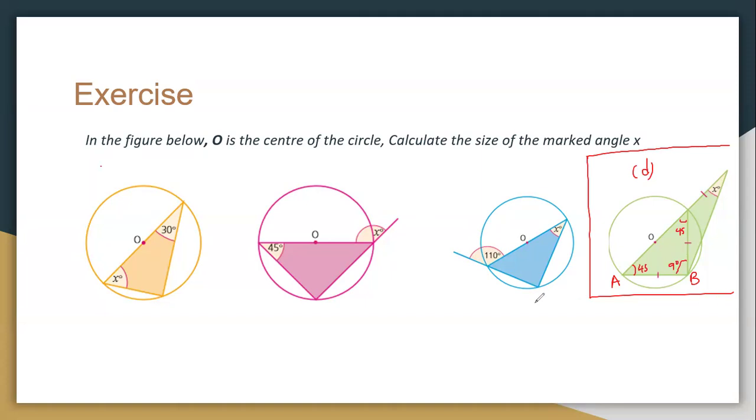So we shall get x plus 45 plus 90 equals 180, which will give, then we shall say x equals 180 minus 135, okay, which will give us 45. Okay. Now, this is 90.